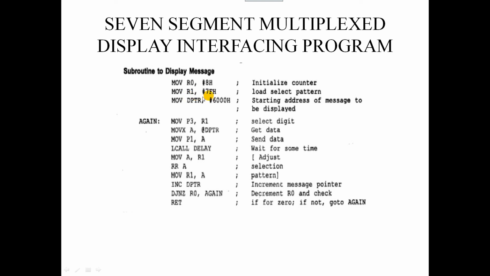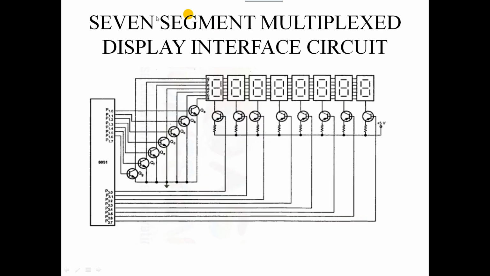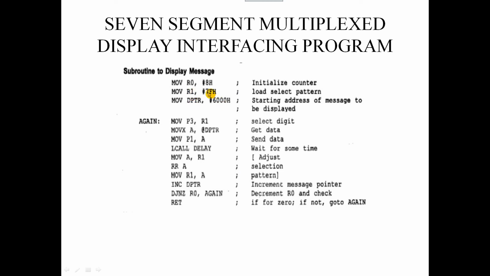So if it is going to be the case, then this particular number is going to be used for the selection of the particular 7 segment display LED arrangement. So first this particular LED is going to be selected, this particular segment is going to be selected, then we will be rotating that particular number to the right. So the 0 will be rotated.